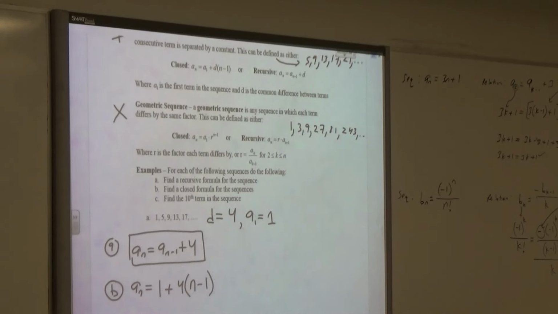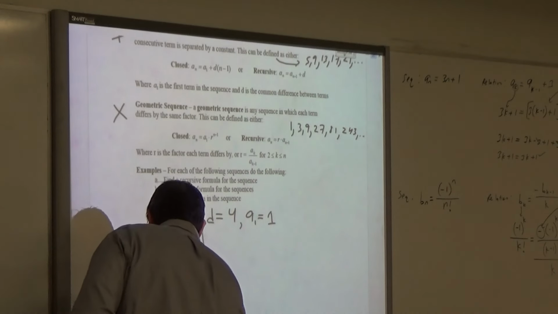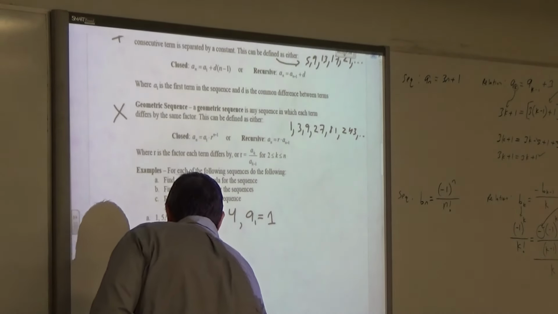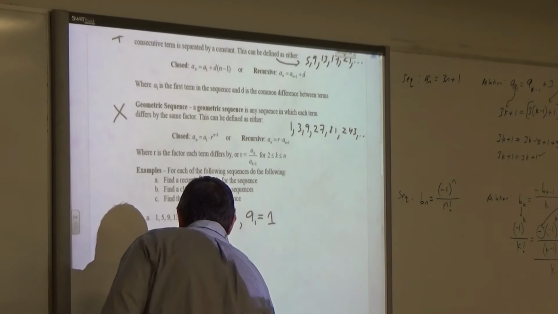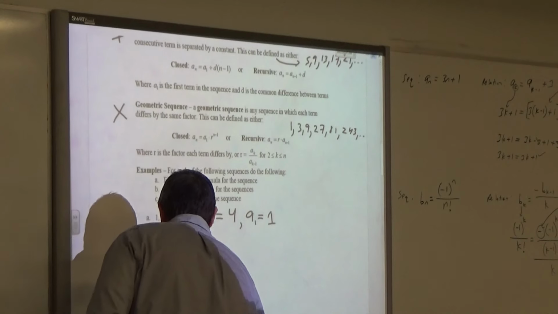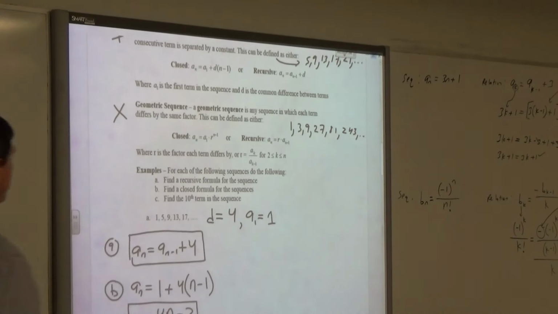And then from there, guys, we can distribute and collect. So a really nice closed form for this would be a sub n equals 4n minus 3. Distribute your 4 and then add 1.